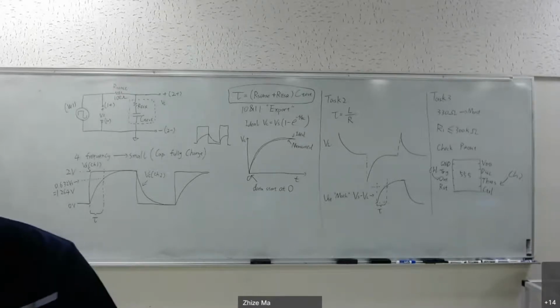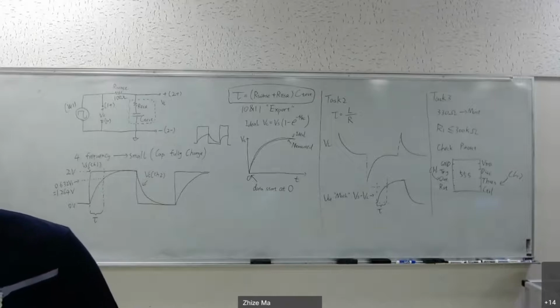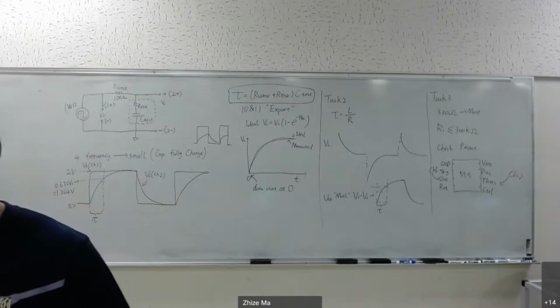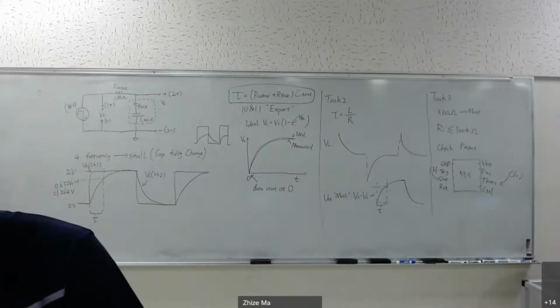To show that this task works, make sure you measure the output voltage and the threshold voltage with the oscilloscope. And remember, when you measure the voltage, you want to use raw mode.